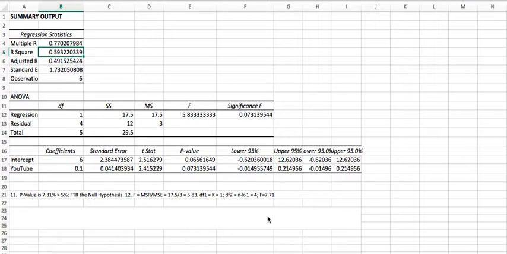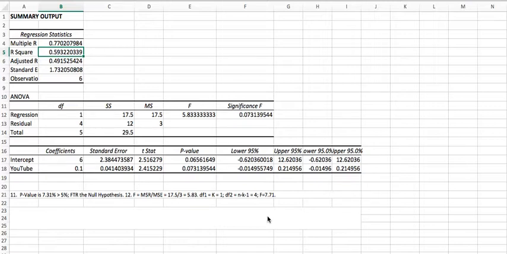So when we look at the conclusion, when we're utilizing the F-stat, the statement would be: reject the null hypothesis if the calculated F is greater than the critical value we found by utilizing Appendix D, with degrees of freedom 1 and 4. Now, don't confuse this with the p-value. For the p-value, the reject statement is to reject the null hypothesis if p is less than our level of significance.